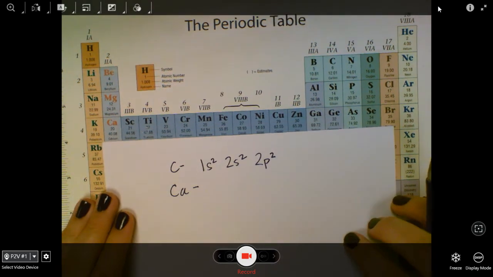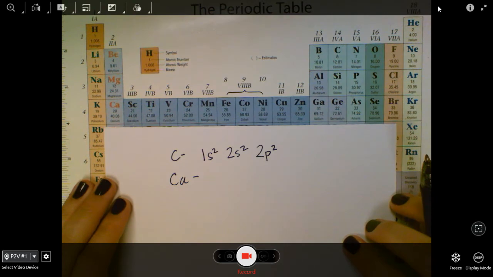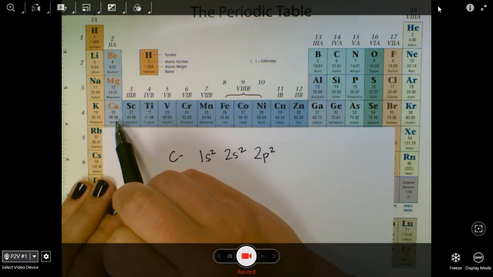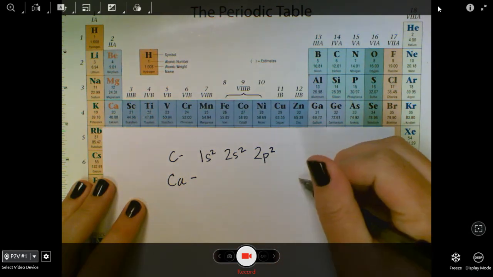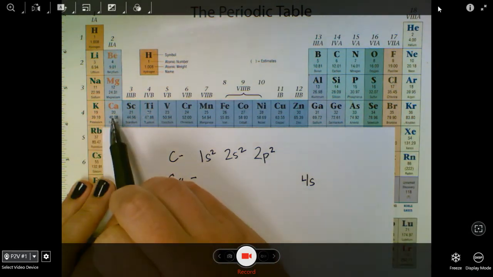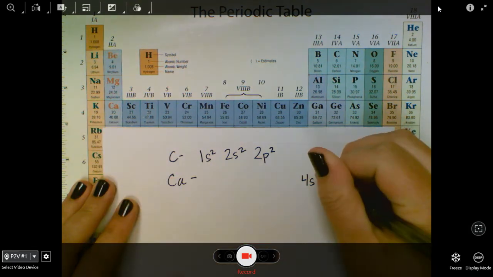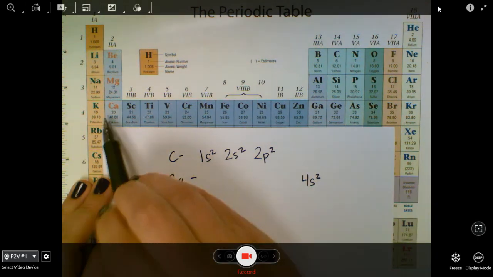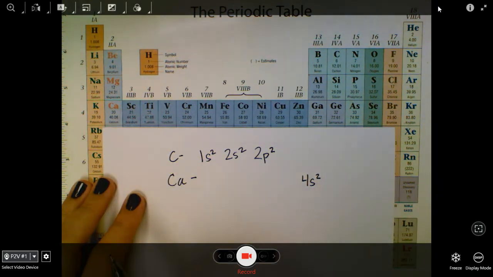With calcium, it ends in the 4s block, and because it's in the second box, my electron configuration is going to end in 4s2. Okay? So now it's just a matter of filling things in the correct order from the 1s shell all the way to the 4s shell.